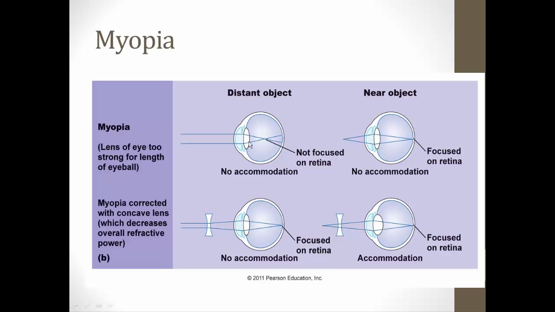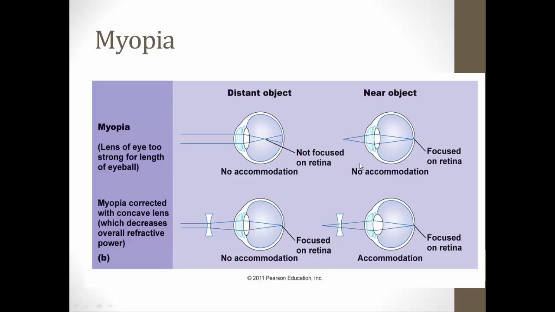The ciliary muscles are relaxed, so the lens is pretty thin. Well, the light still is being focused too short of the retina. If the lens could get thinner, then it wouldn't bend the light as much and maybe it'd focus on the retina. But we can't do that because our eyeball is too long, and if the ciliary muscle is relaxed, the lens is as thin as it's going to get anyway, okay?